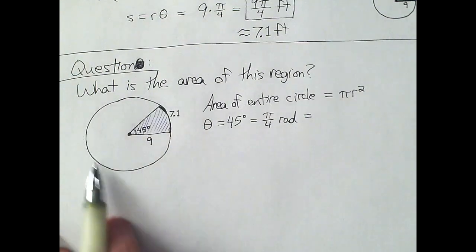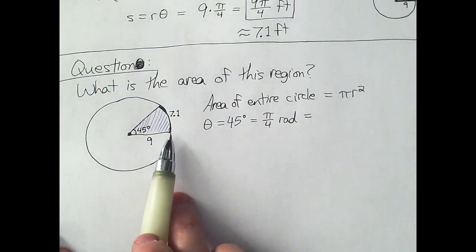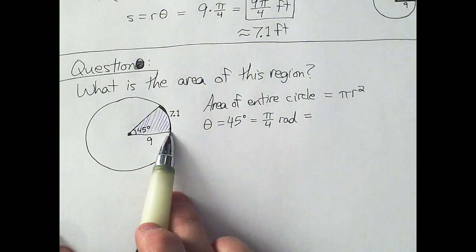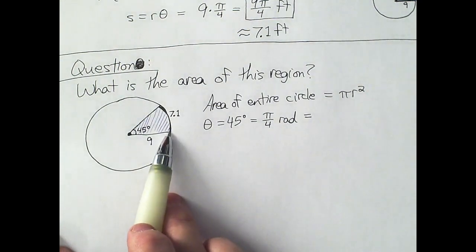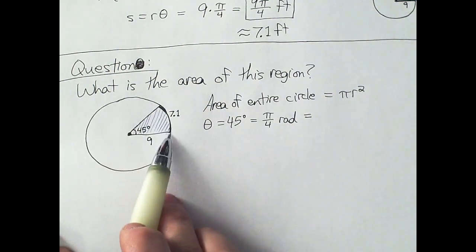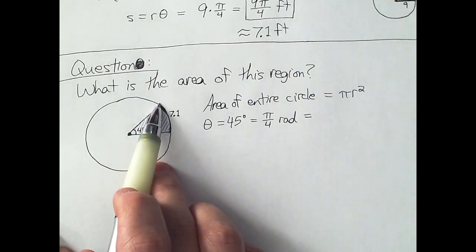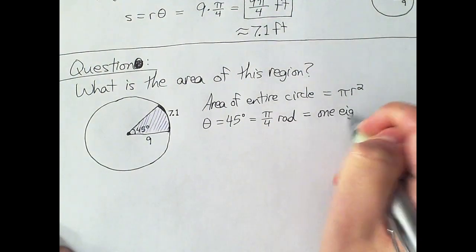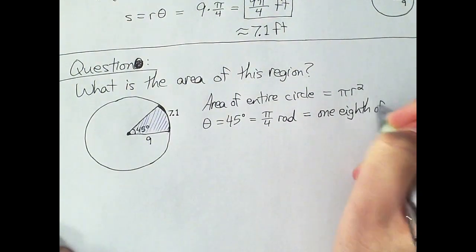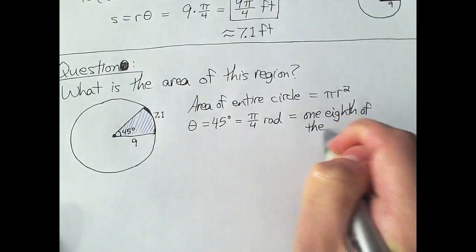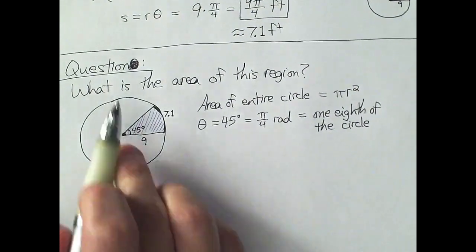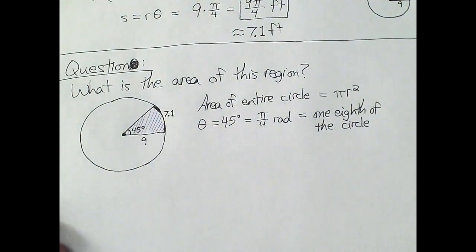I know that it would take 2 pi radians to go all the way around the unit circle. What portion of that have we gone? We went to here, and we stopped. I'm going to say that this is 1/8 of the circle. Can you see that in the picture, that the highlighted region is 1/8 of the entire circle?